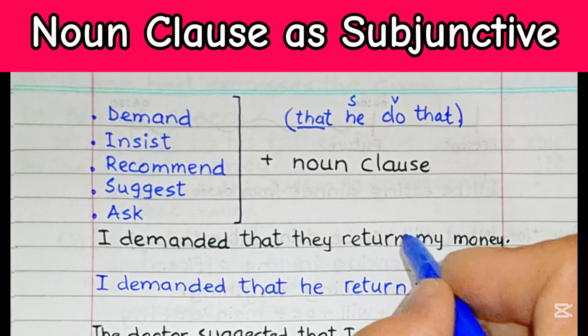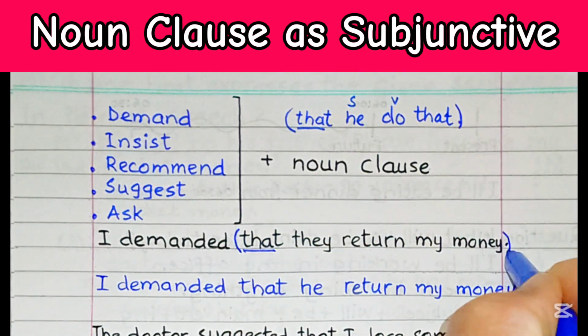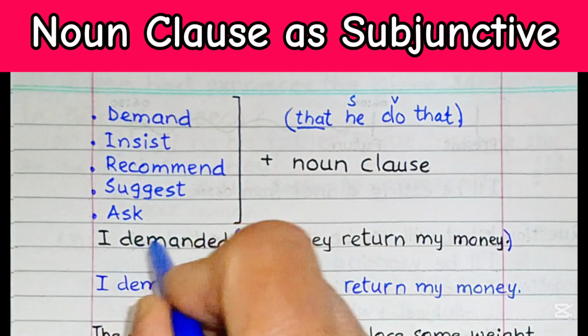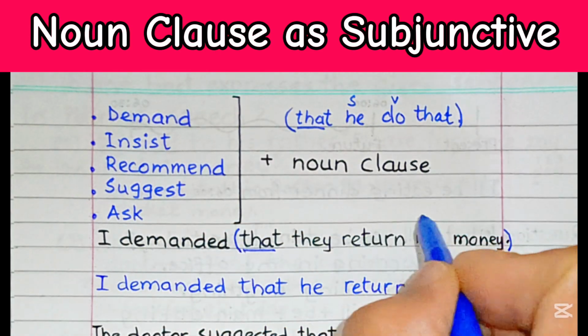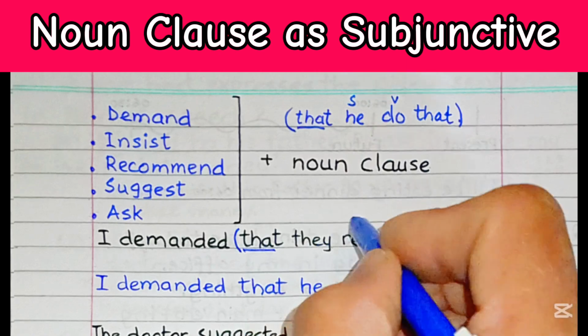Here is the beginning of the noun clause, right from this to this. That they return my money. I demanded that they return my money. So as I mentioned, from the word that we begin the noun clause.